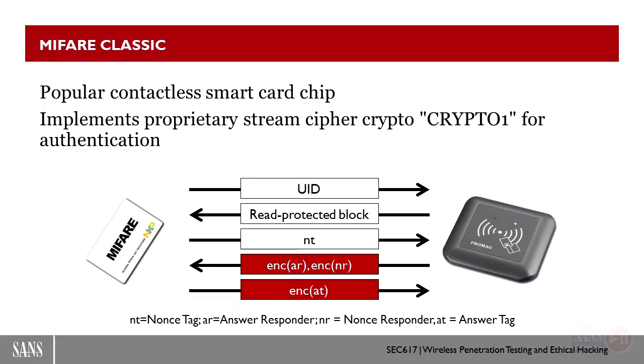We use that nonce and the UID with a key on the device, on the PCD, to create an authentication token, which we then present back to the reader. If we have the right key, we've got our nonces and our UIDs that are correct for that key and for that data, it will allow us to obtain that data and decrypt it.